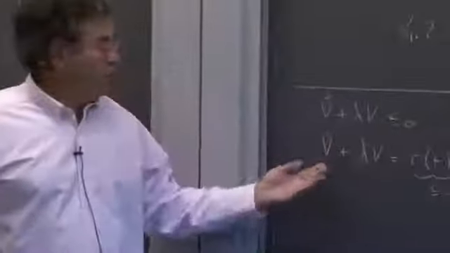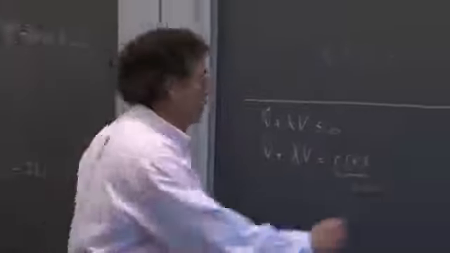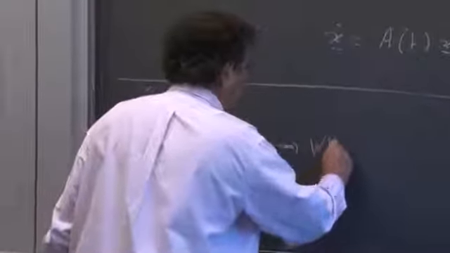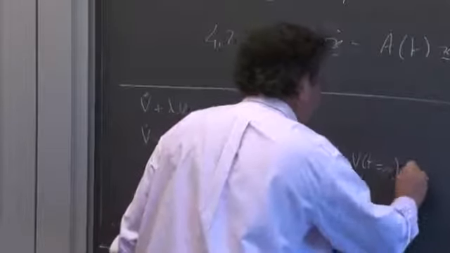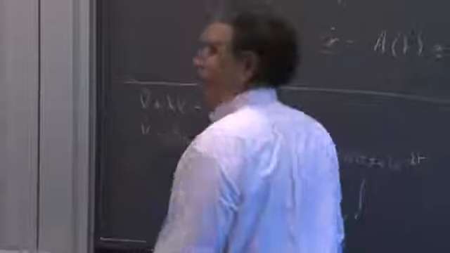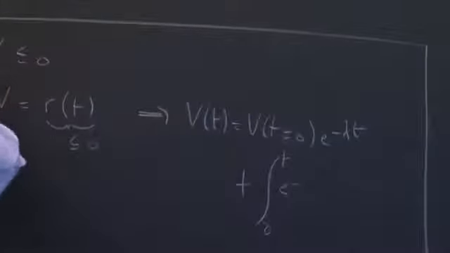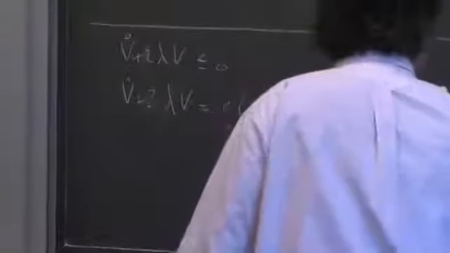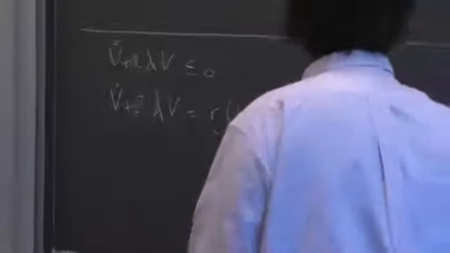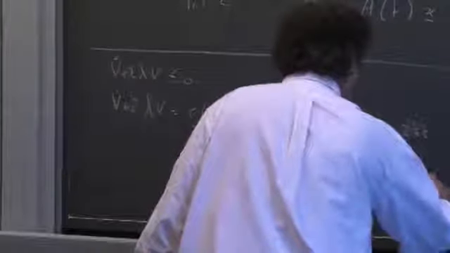But if you say that, then of course you can now view this as a linear system driven by r of t. And therefore V of t will be V at t equals 0 times e to the minus 2 lambda t plus a convolution integral of e to the minus 2 lambda (t minus tau) r of tau d tau.